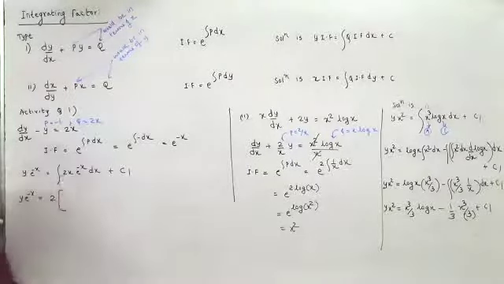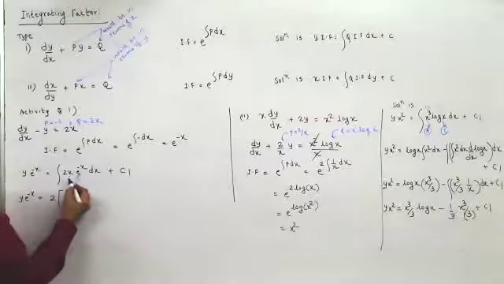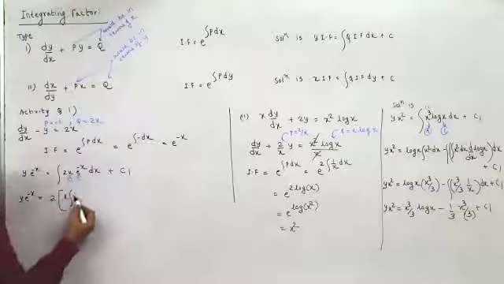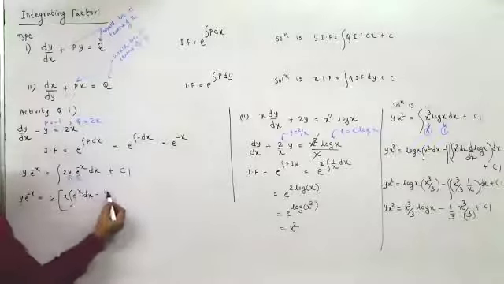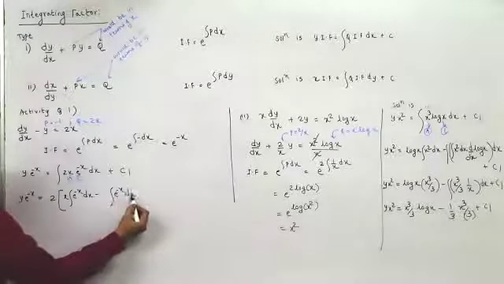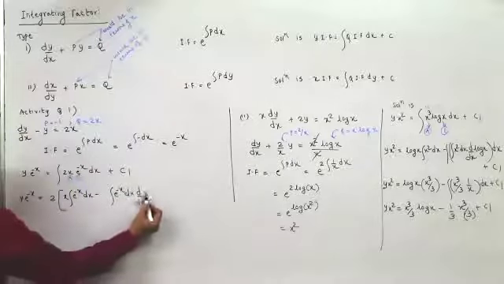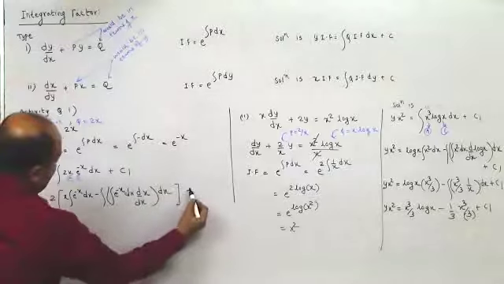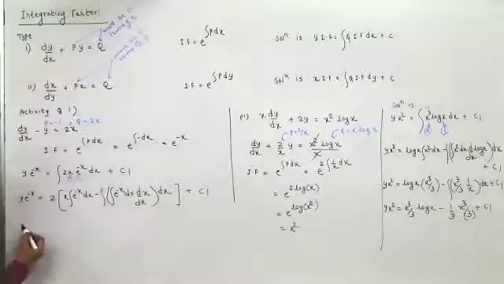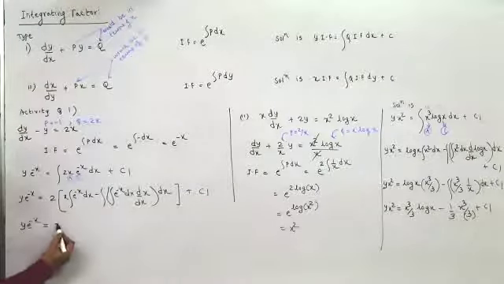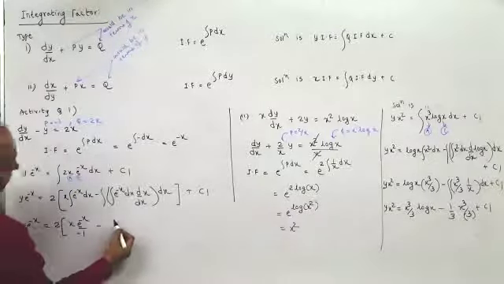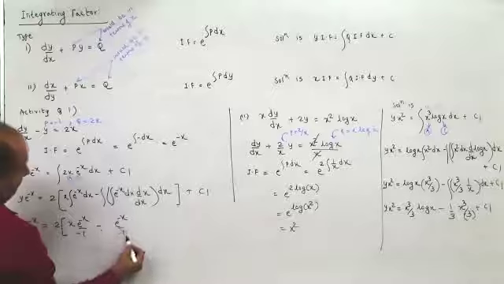This is exponential. This is algebraic. Isolate, a comes first. So this would be x integration of e raised to minus x dx minus e raised to minus x dx into derivative of x and combine it, integrated once again with respect to x plus c1. What is integration of e raised to minus x? It is x e raised to minus x upon minus 1 minus same e raised to minus x upon minus 1.